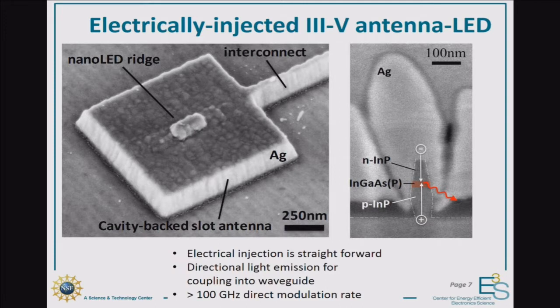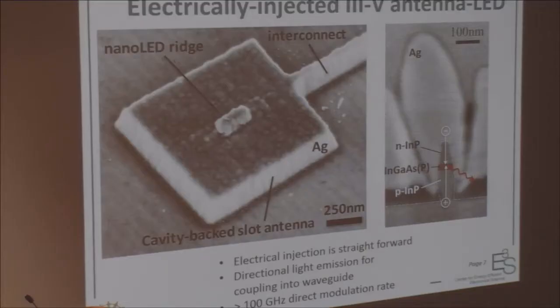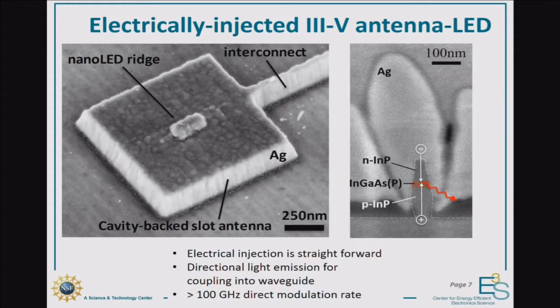And so we use the antenna to electrically contact the N-type material, inject electrons into the active region, and then use the P-type substrate to inject holes. And then we can get enhanced light emission from the active region. Other advantages are that the light goes in one direction, so it's unidirectional, which is useful for waveguide coupling, which I'll talk about in a moment. And then we've shown also with this device, we can, in principle, achieve greater than 100 gigahertz direct modulation rate.